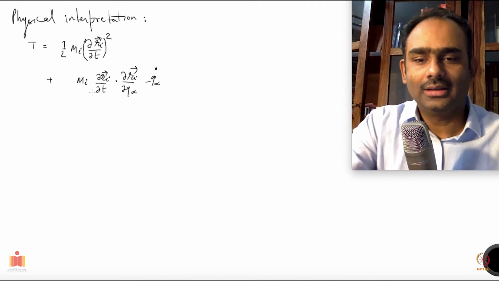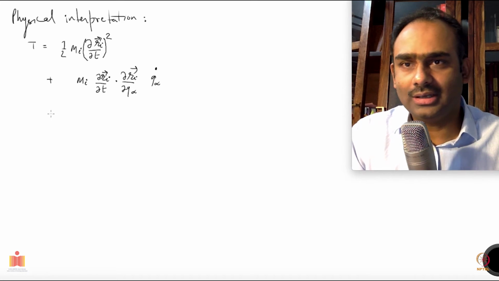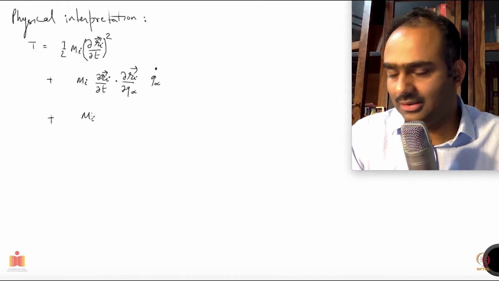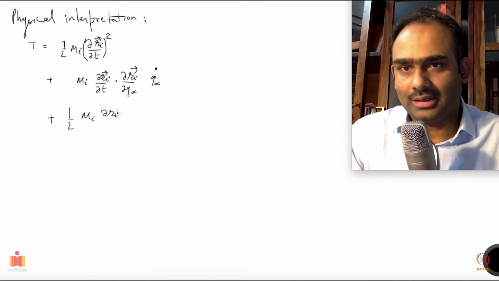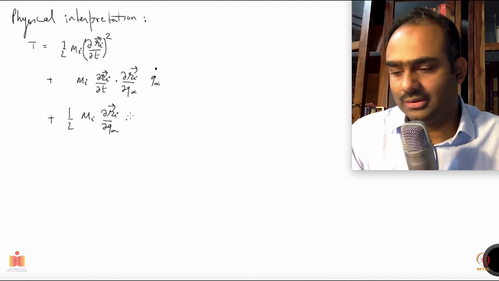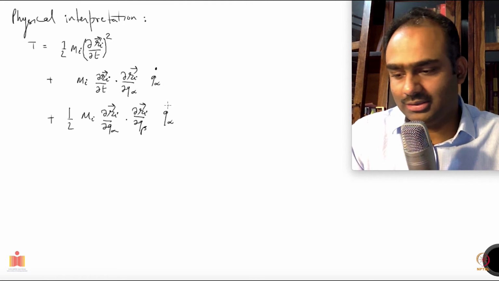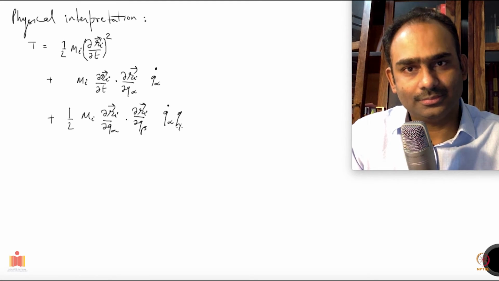That is good. And then you have mi is a half delta Ri over delta Q alpha delta Ri over delta Q beta Q alpha dot Q beta dot.